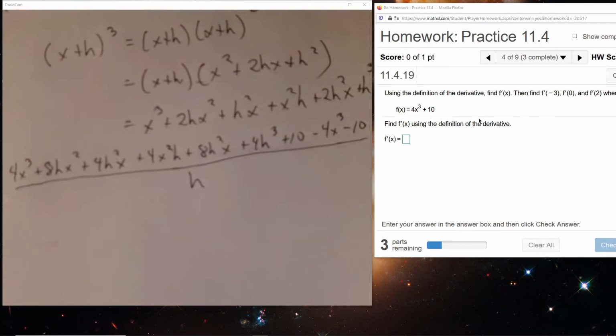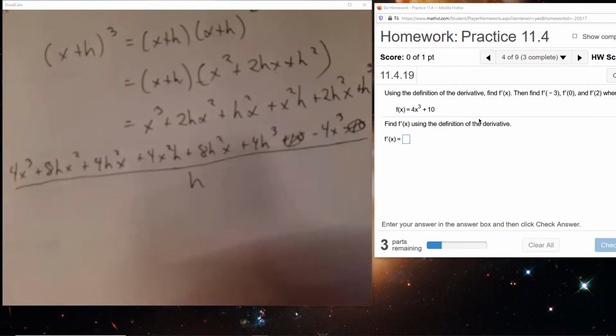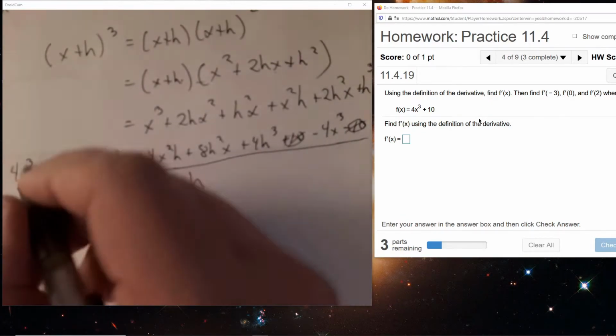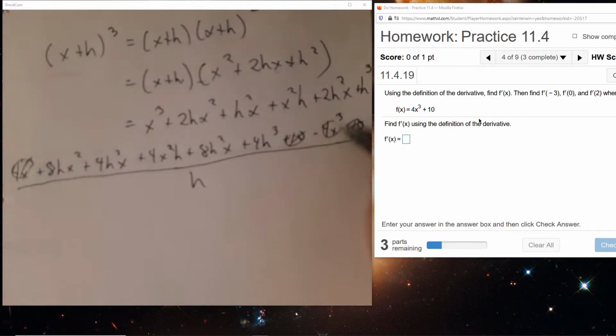Let's gather like terms. So plus 10 minus 10, gone. Minus 4x cubed and plus 4x cubed, gone. And that's it for subtraction signs.